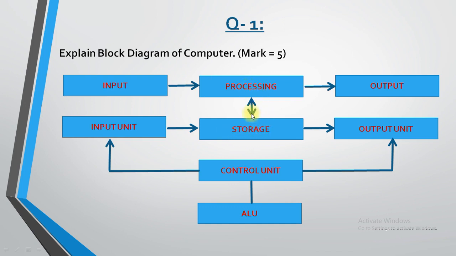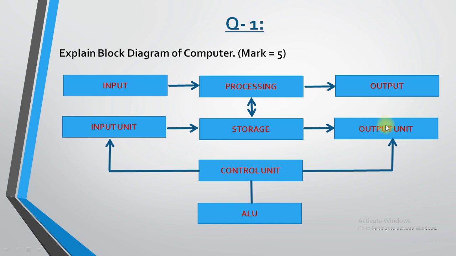Why? Because we require some storage space in which we are able to store the data. Similarly, input can be done using the input unit. So when you want to add data, when you want to insert something into the computer, at that time you need to have an input unit.